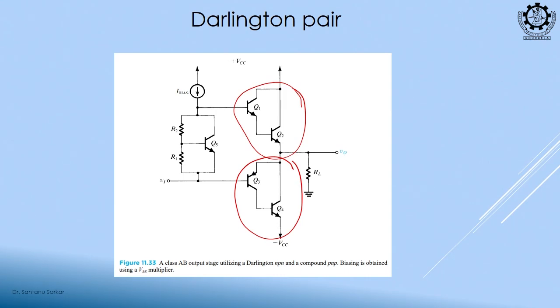Okay. So, this is the application of compound structure, right. I have used 2 BJTs to make this structure, and this compound structure is used in the power amplifier. So, what is the advantage of Darlington pair? It is providing larger beta.